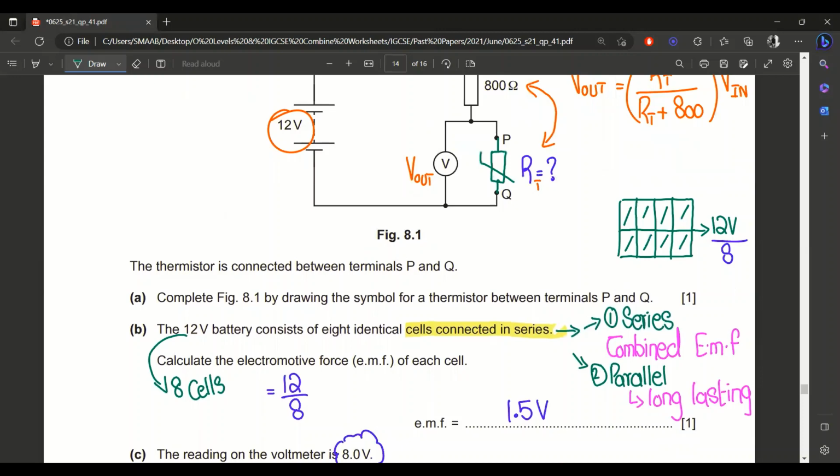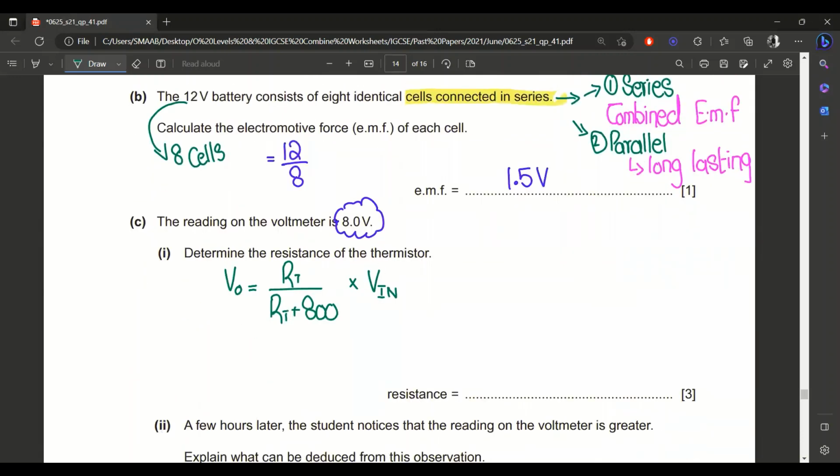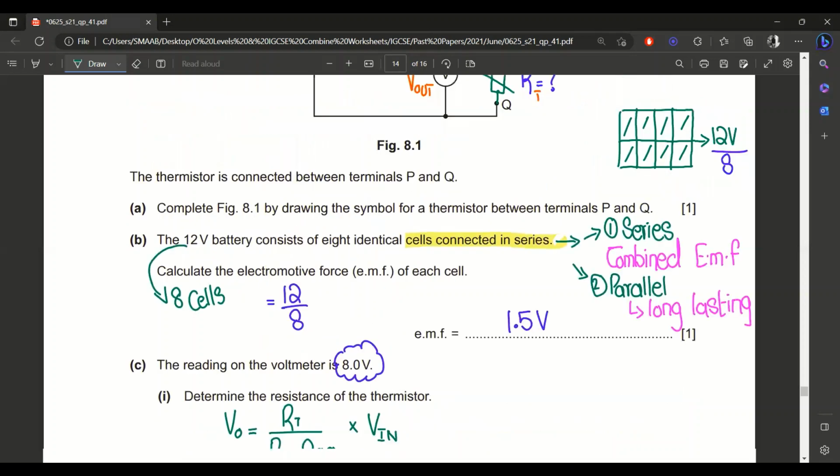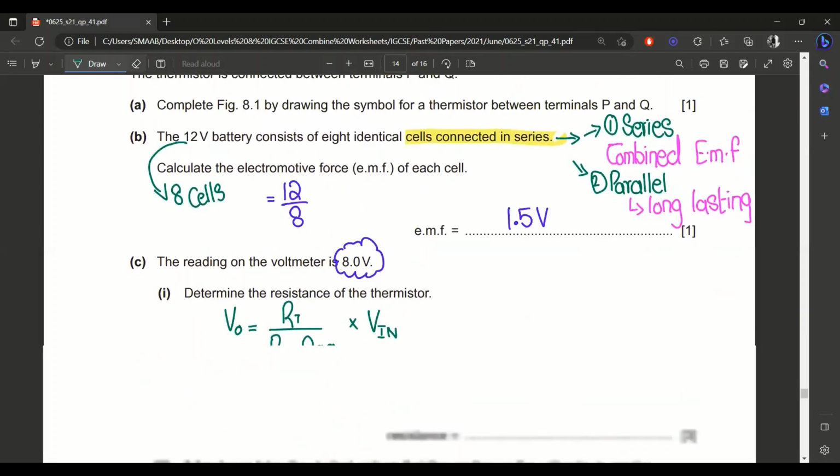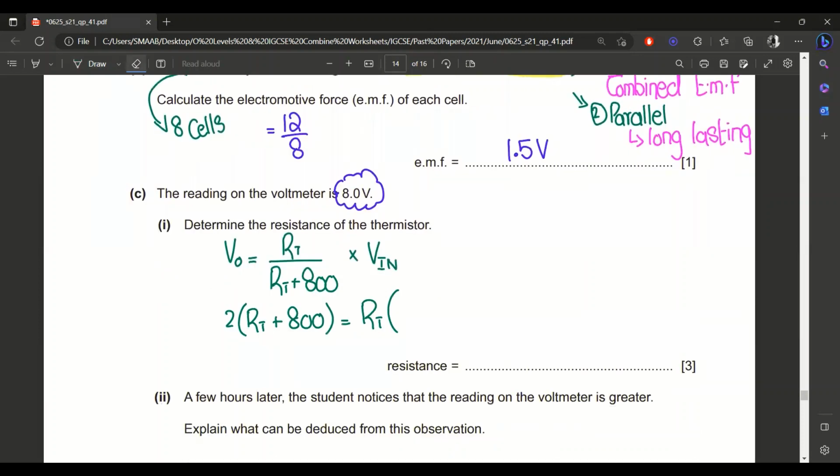So the output voltage is 12. So 12 multiplied by RT plus 800. And on the right-hand side, we have RT multiplied by the input voltage. Oh, sorry. The output voltage is equal to 8 because they already mentioned this is the output voltage, and the input voltage is equal to 12.